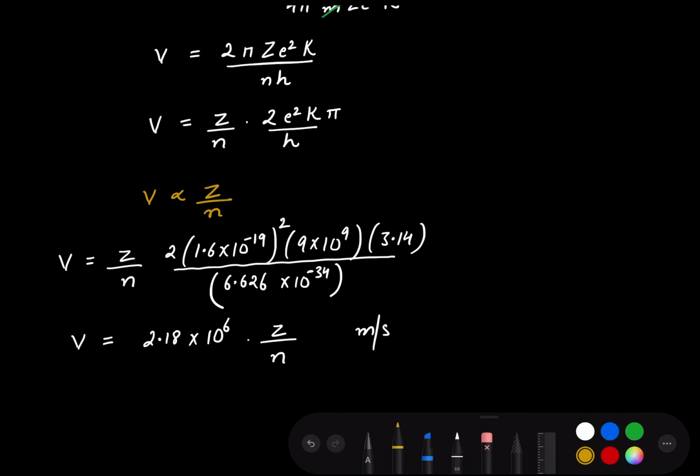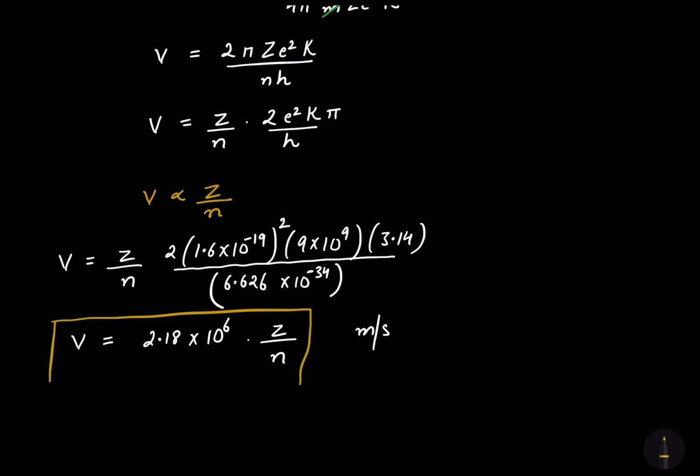So this is the formula for the velocity of electron in nth orbit: 2.18 into 10 to the power 6 into z by n, where z is the atomic number and small n is the orbit number.